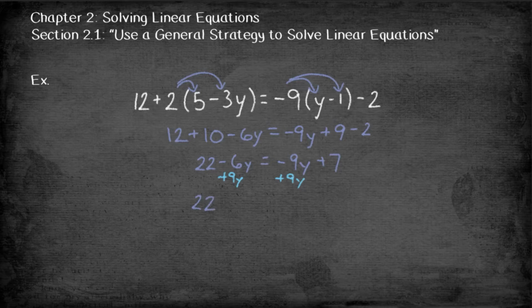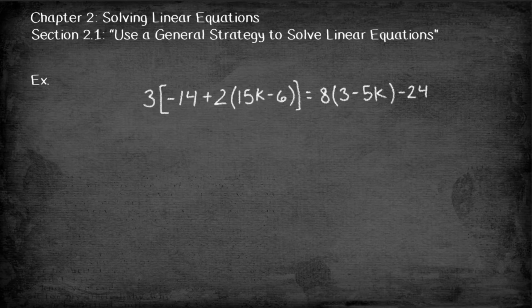And -6 plus 9 is going to give us +3. And I have to subtract 22 from both sides because I want to get the constants on the other side. So that 3y is equal to -15, divided by the coefficients. And we're left with y equals -5.